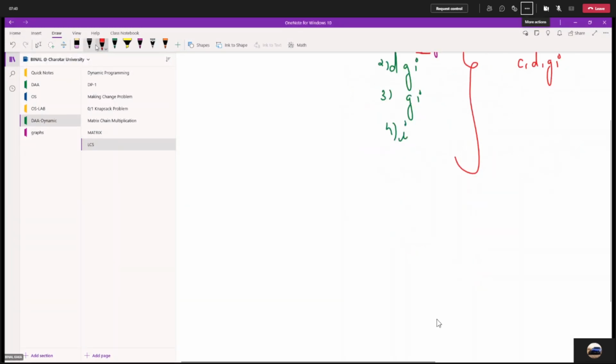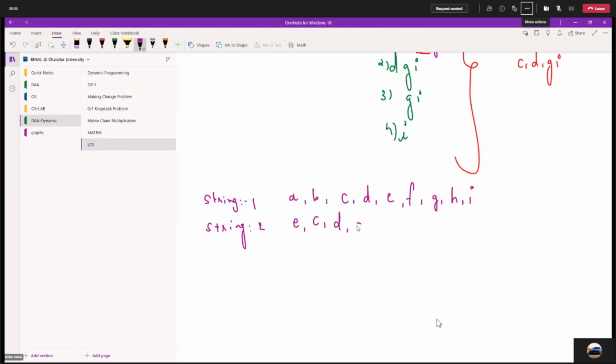So let's take one more example. We'll see what happens if a collision occurs. Taking string 1 and string 2, here I have string A, B, C, D, I, E, C, D, G, I. Let's match.